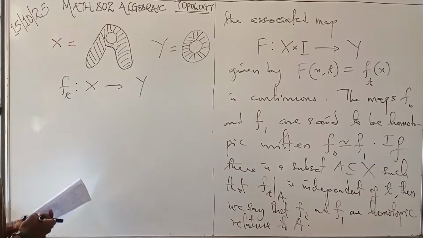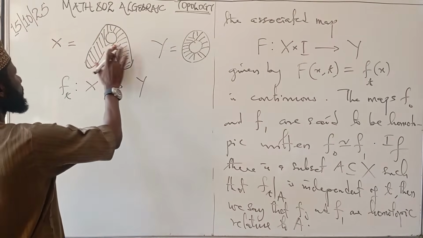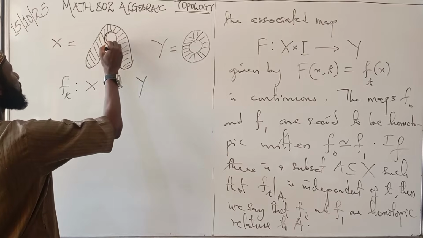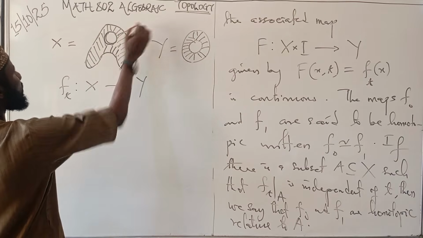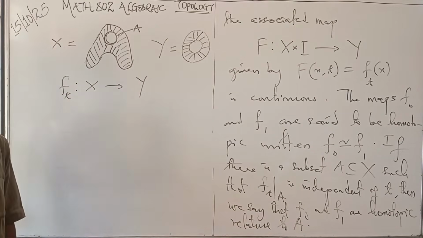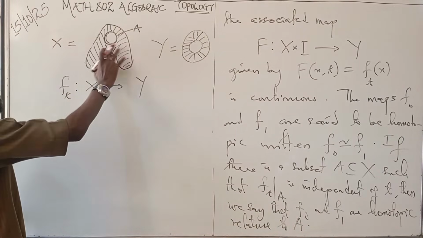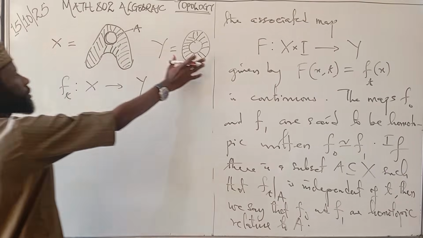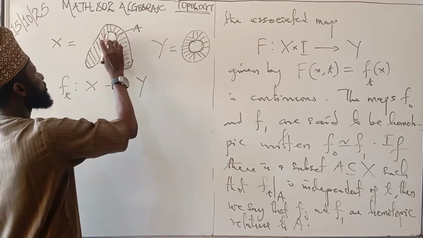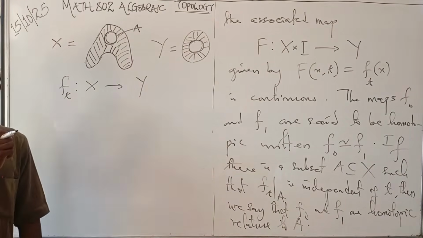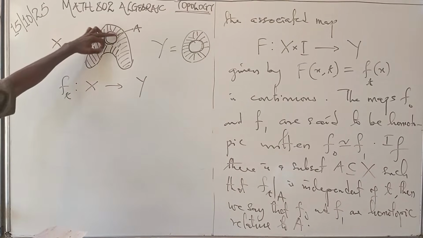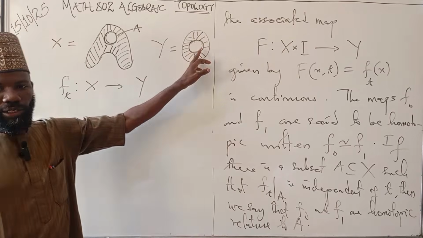But if you look at this cycle as your subset A, throughout the mapping from A to Y, this cycle here is always mapped to that. So F0 is still sending the cycle here to this cycle.